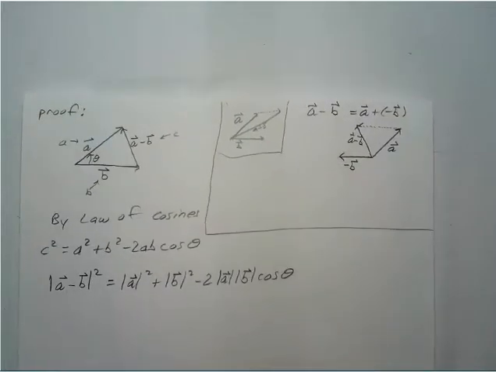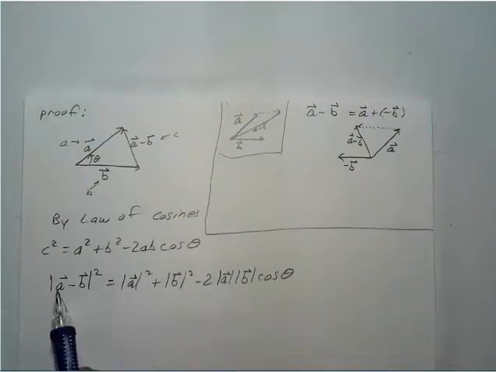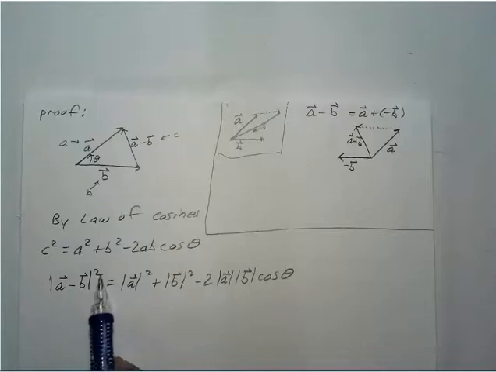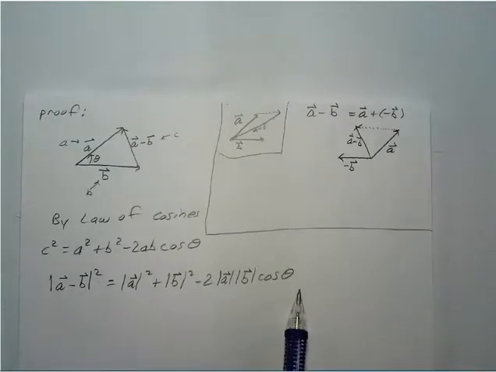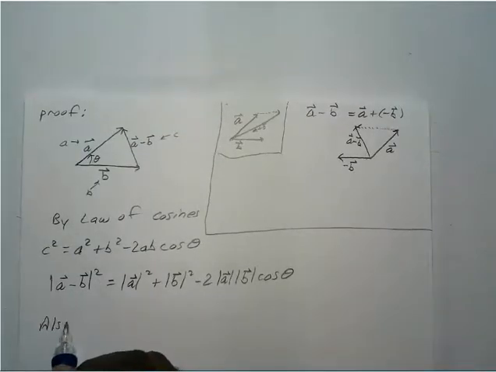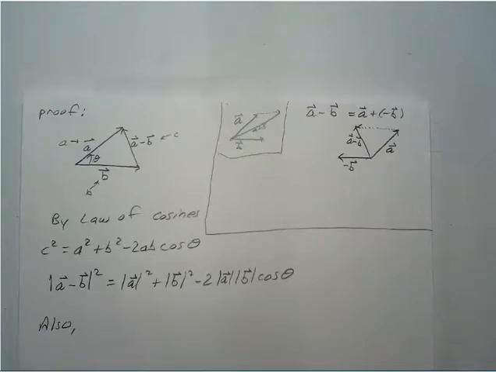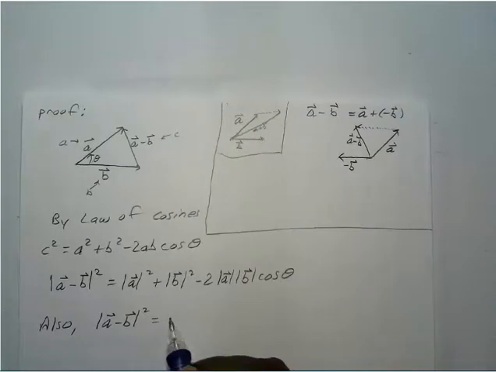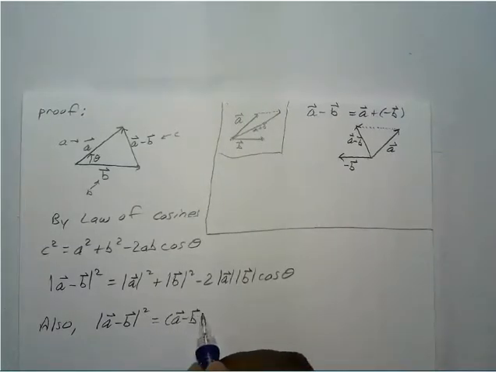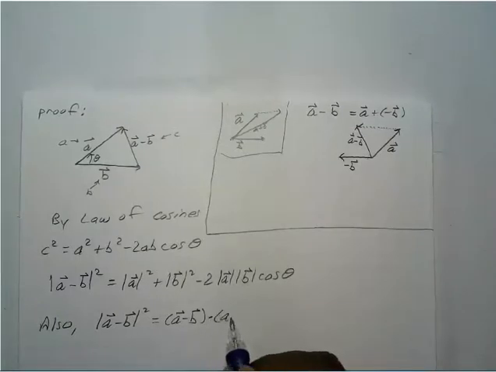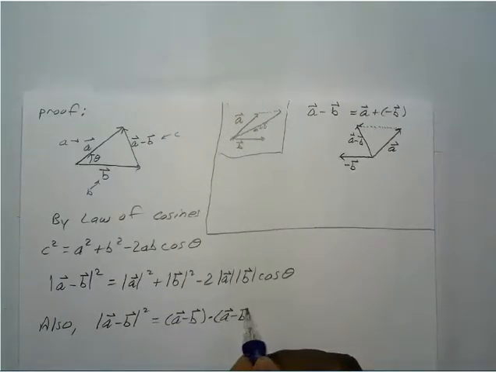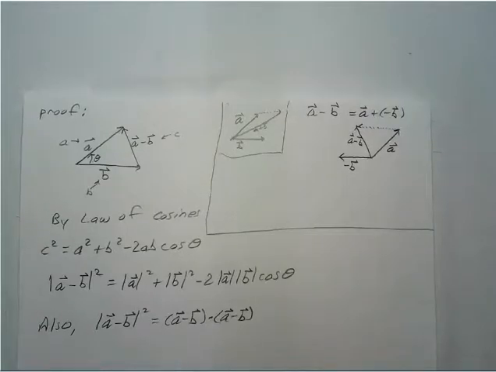Okay. Now, we proved that the magnitude of A minus B squared is equal to this, but what will help us out is also that A vector minus B vector squared is just equal to A vector minus B vector dot product A vector minus B vector, just going by the properties.